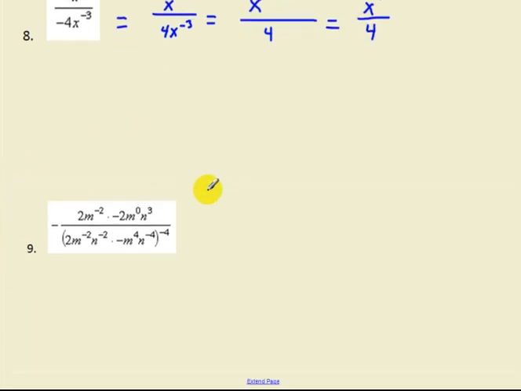Okay, number 9, a little bit of a tricky problem here. Let's see how this works out. Let's go ahead and deal with the numerator first and simplify the denominator as well. So this is going to be equal to a negative. We have 2 times negative 2, dealing with the coefficients, and then m, we can add our exponents here, so negative 2 plus 0, and then n cubed.